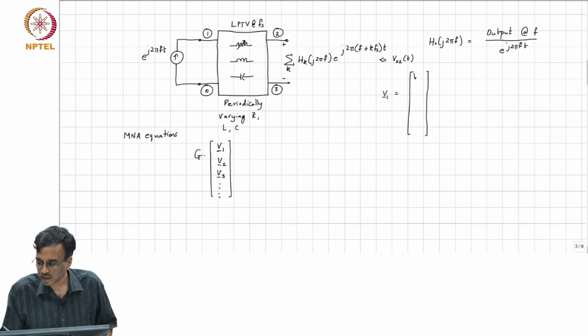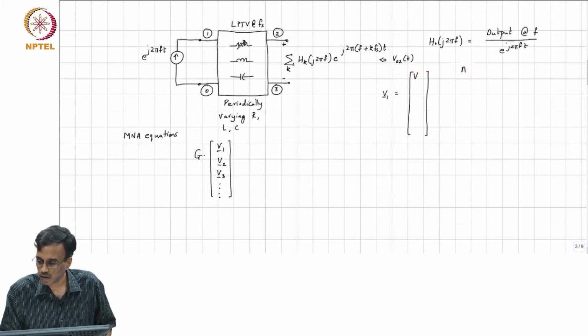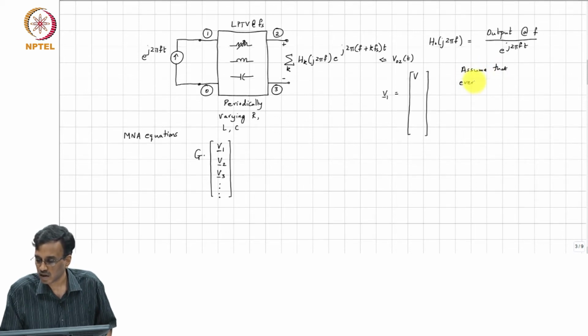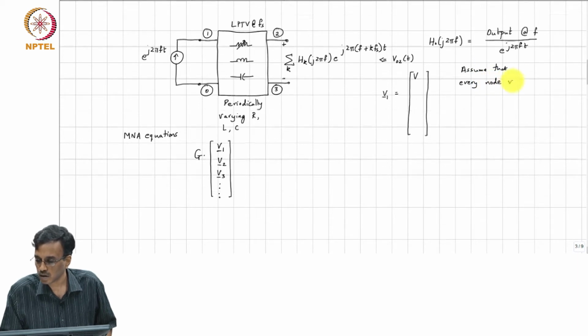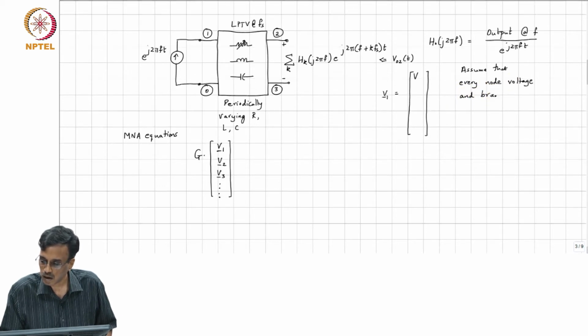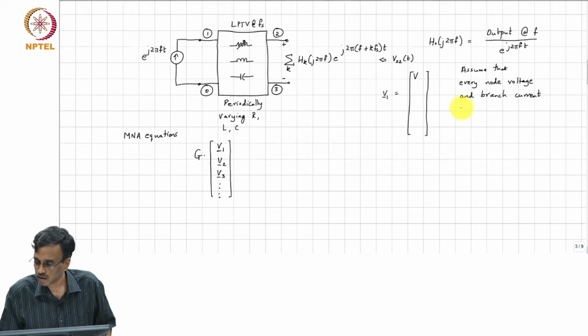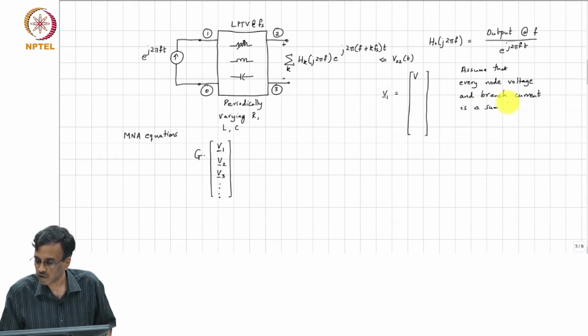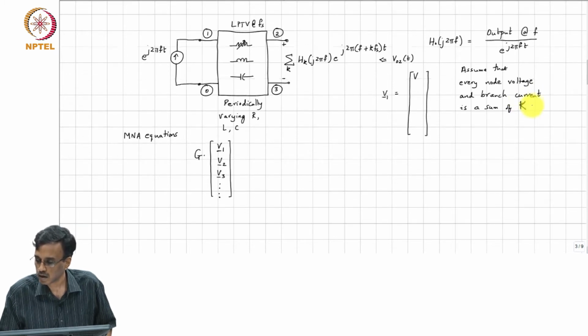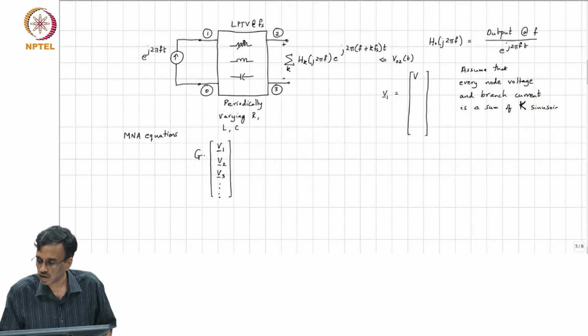we assume that every node voltage and branch current can be expressed as a sum of capital K sinusoids, right.